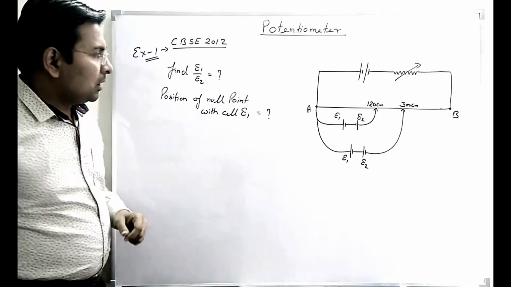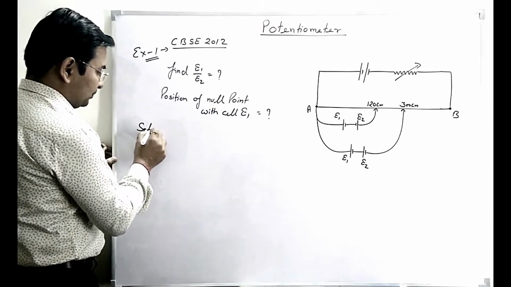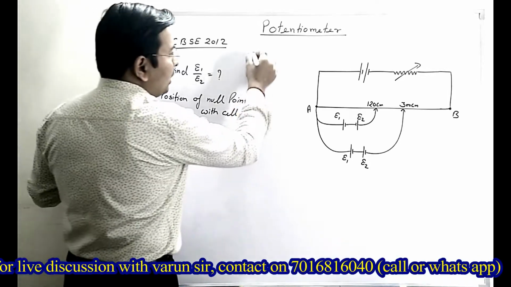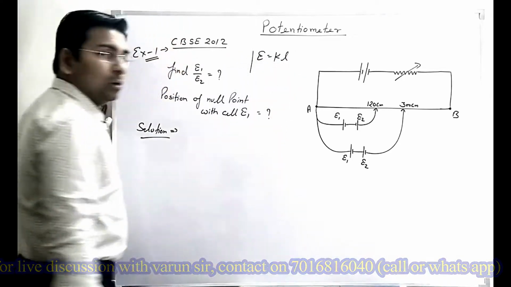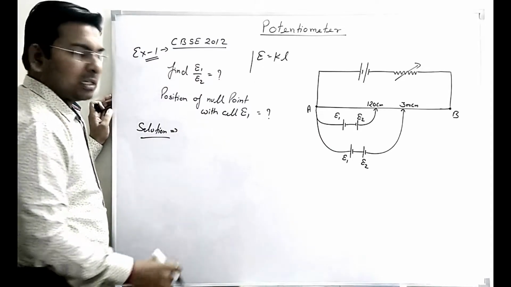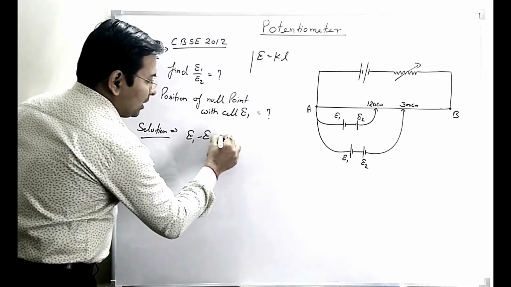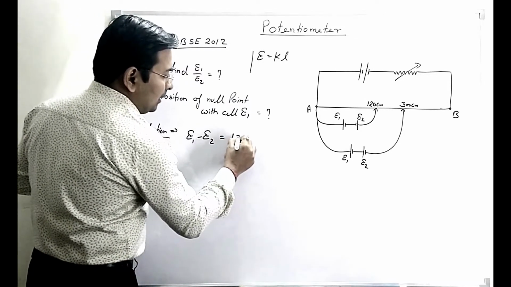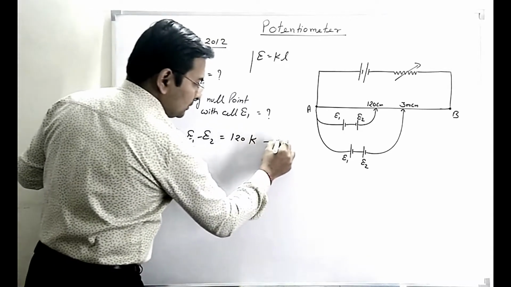Now let us solve. According to the principle of potentiometer, we have studied E equals KL. Now the two cells are providing current in opposite direction, so net EMF is given by E1 minus E2, and this will be equal to KL, that is, 120 into K. First equation.